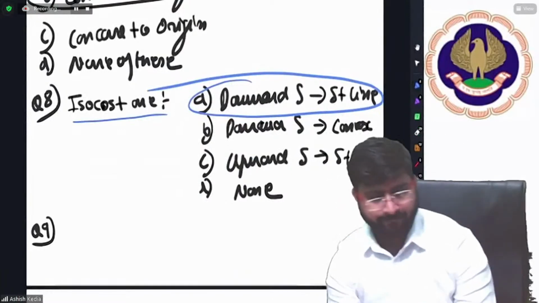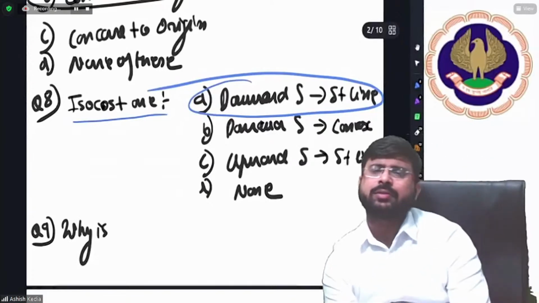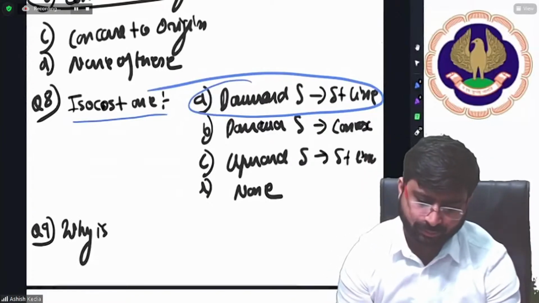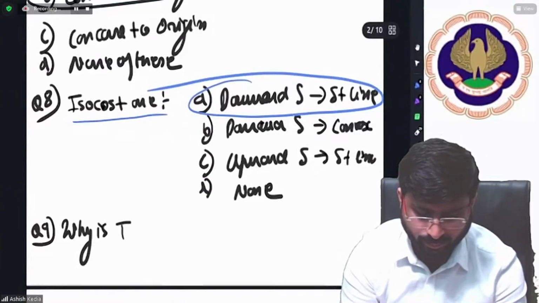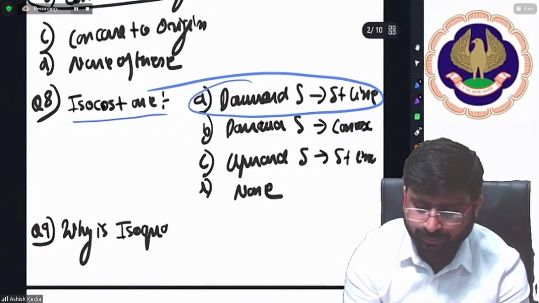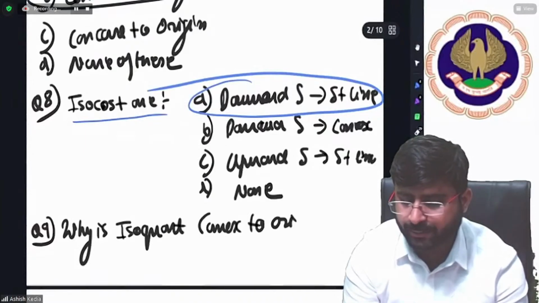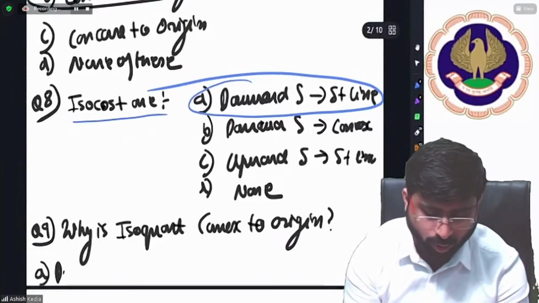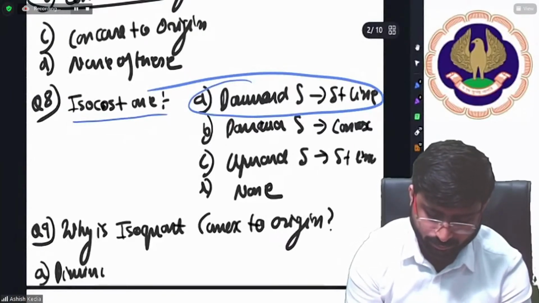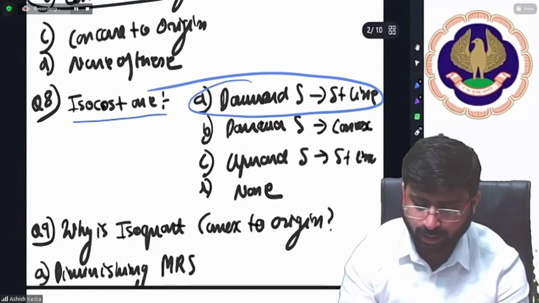Why is isoquant convex to origin? Option A, due to diminishing marginal rate of substitution.